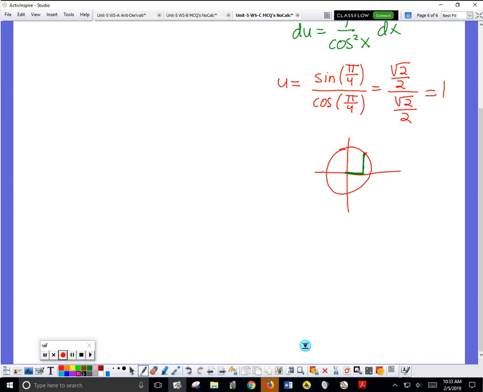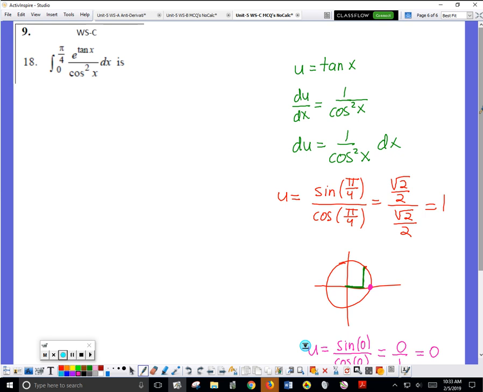So u is equal to sine of 0 divided by cosine of 0. Here's angle 0. Sine is the up and down, or the y-coordinate. The y-coordinate right there is 0. The x-coordinate is 1. So now I have my new problem over here.